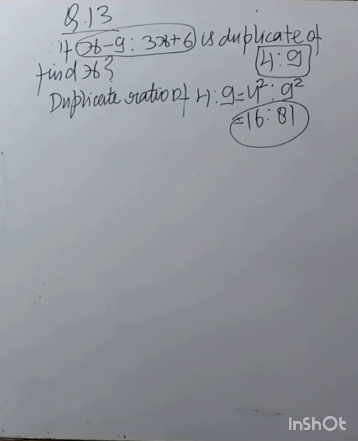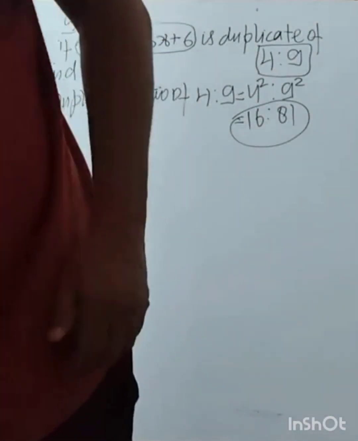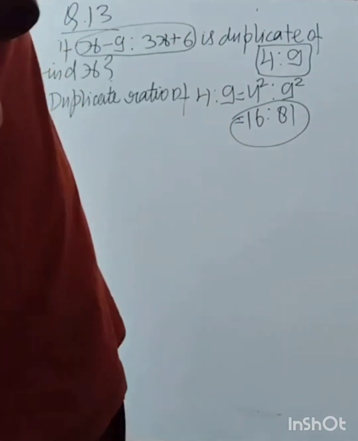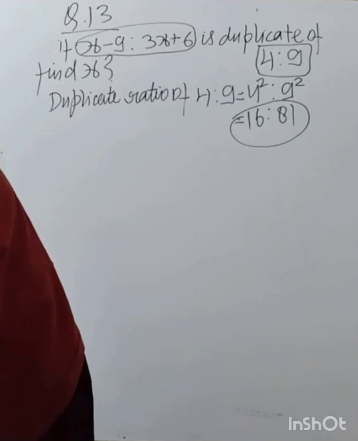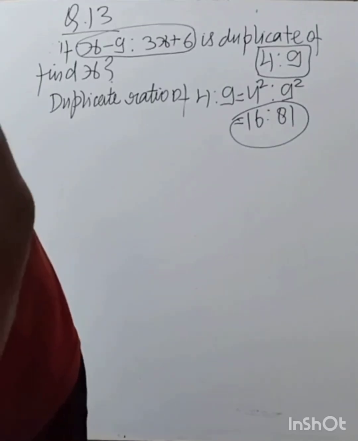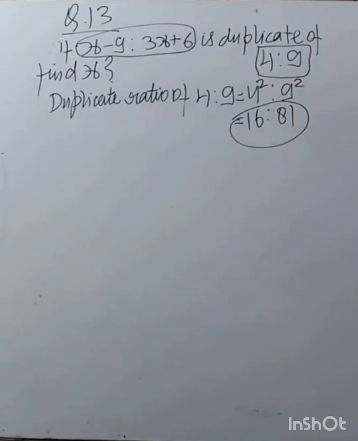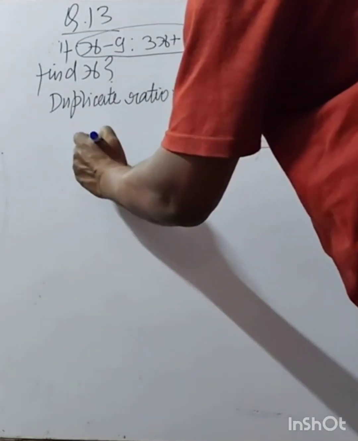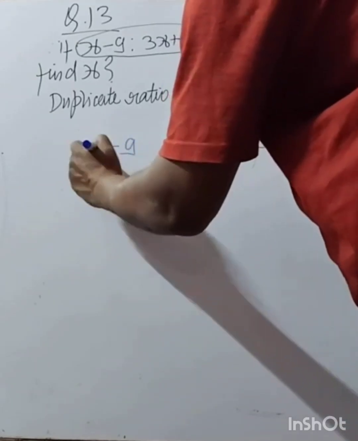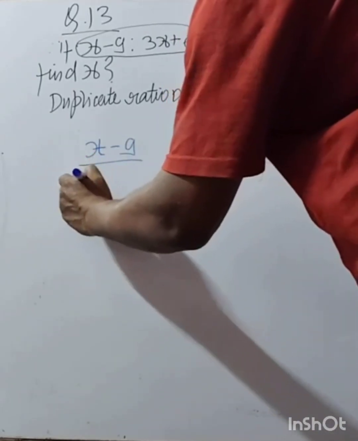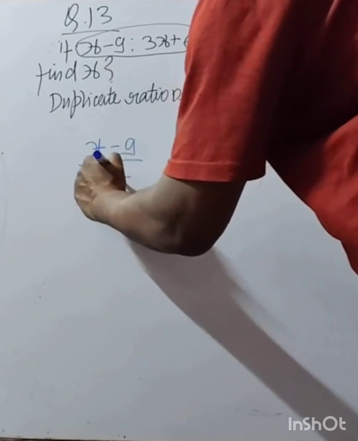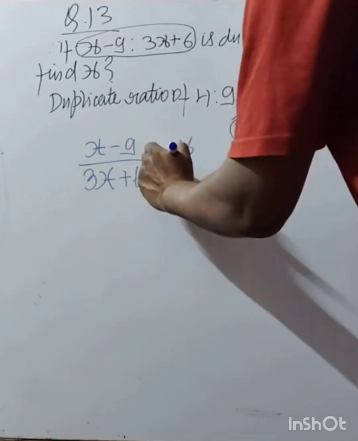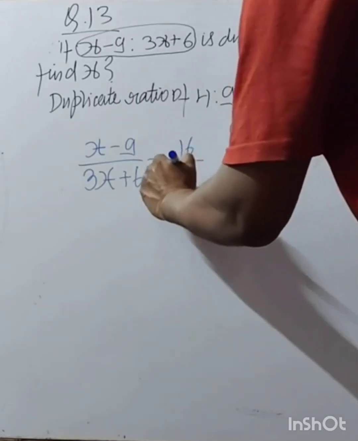So when you equate this, x minus 9 upon 3x plus 6 is equal to 16 upon 81.